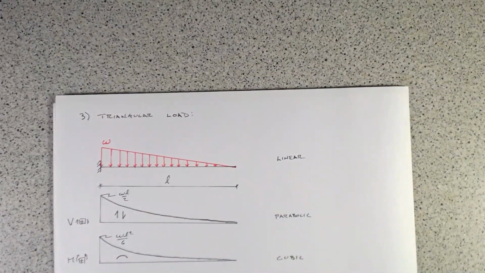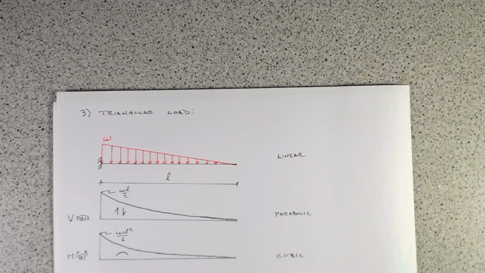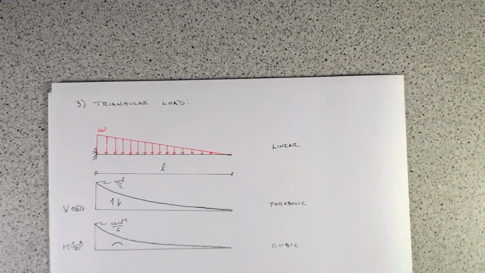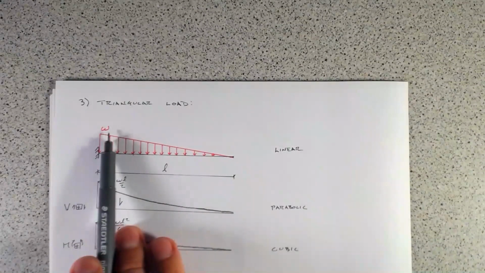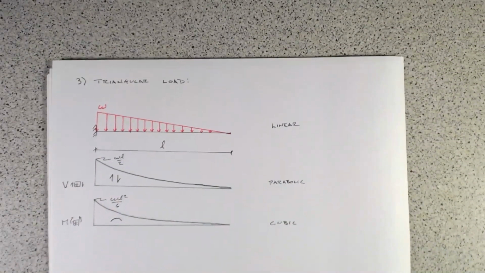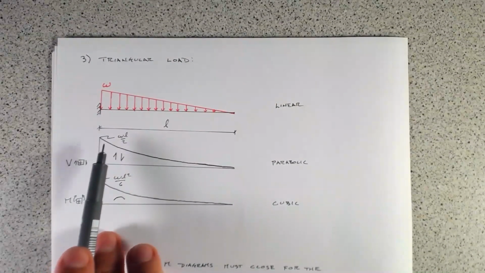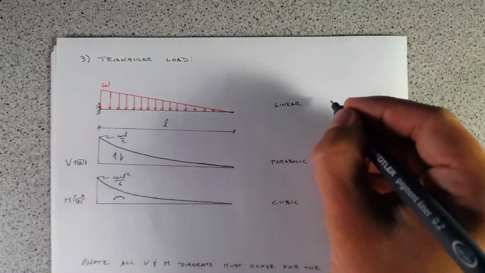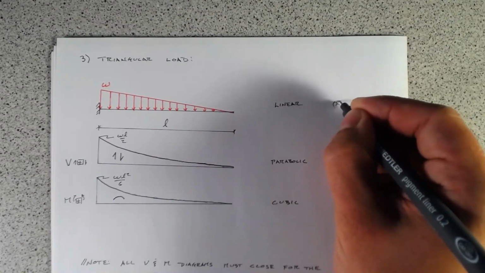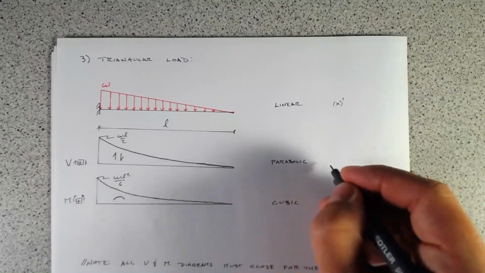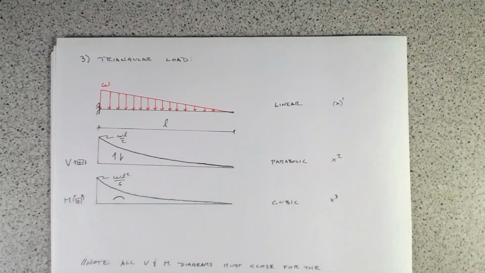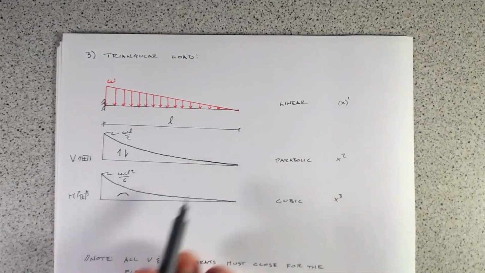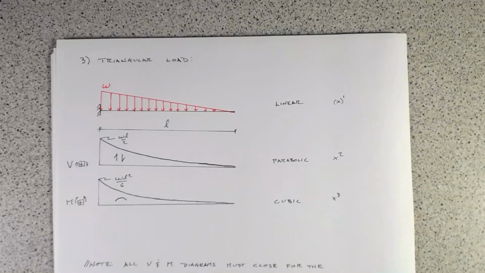And then finally, we have a triangular load. I've got it here on a cantilever, but this is really to show you that we'll go from a linear force distribution, and think about this as x to the 1, to a parabolic, x to the 2, to a cubic, x to the 3, for the different distributions that we have there.